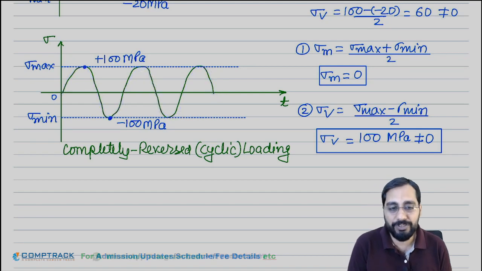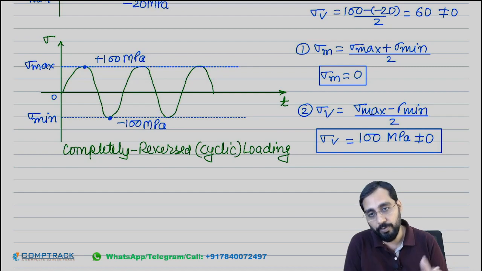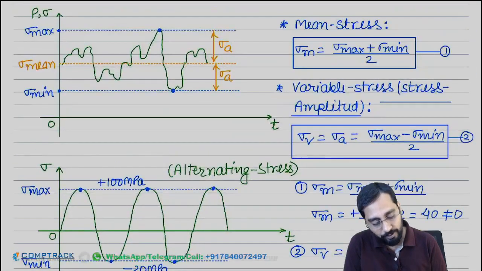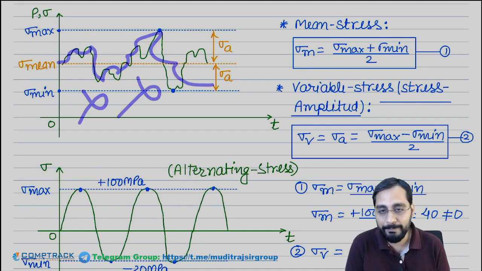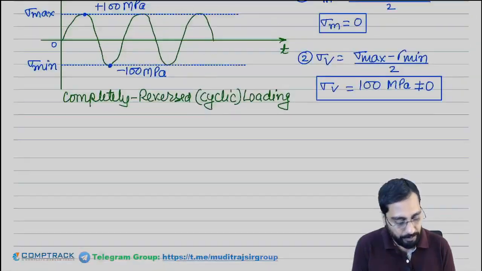Only then can we do the study. We cannot do the study for any general actual load. Actual load may be varying like this, actual stress may be varying like this, so we cannot do the study of it completely. Okay. Done up to this.